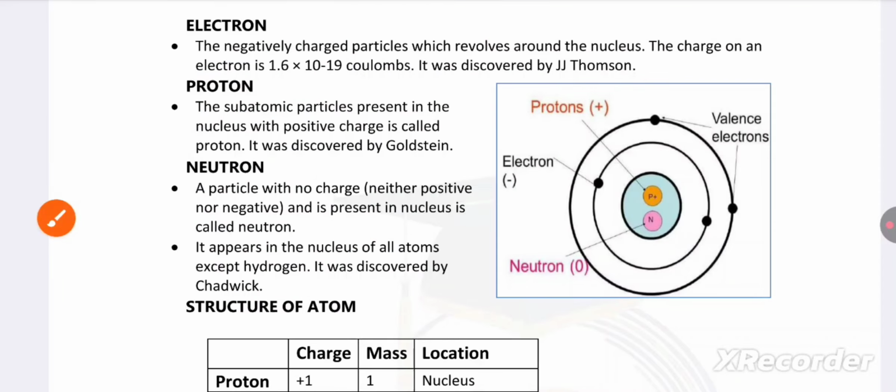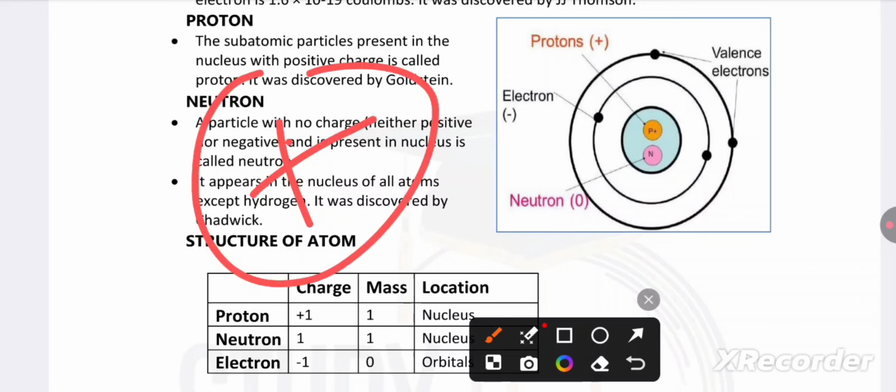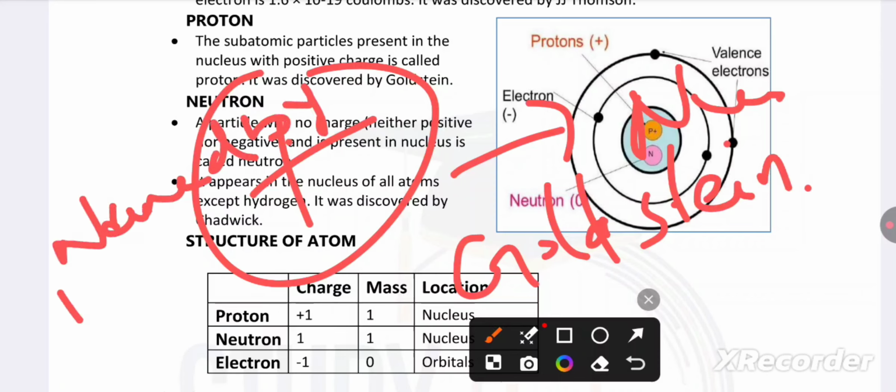This is the shortcut. Proton, positively charged, present inside the nucleus. Discovered by Goldstein. Named by Rutherford.